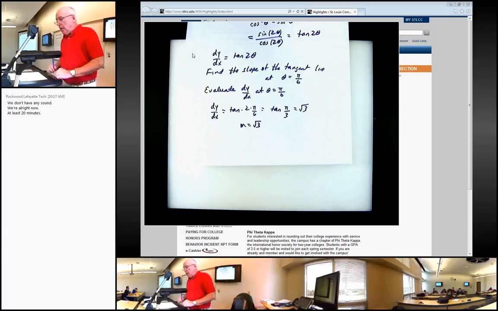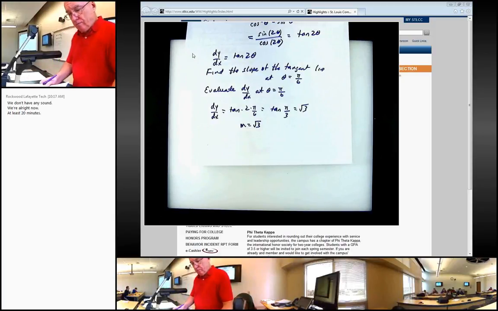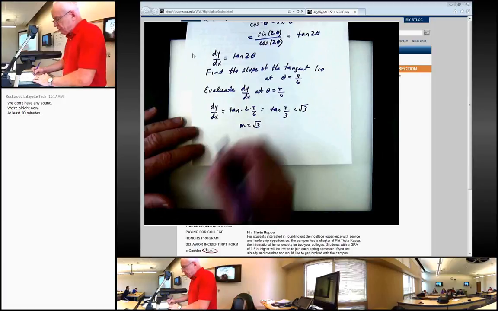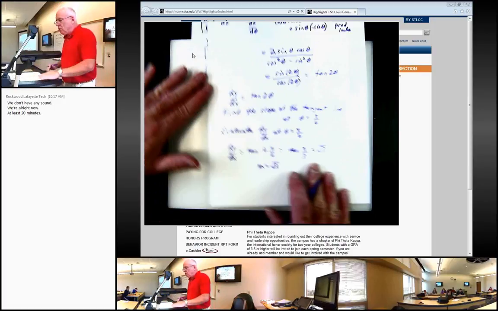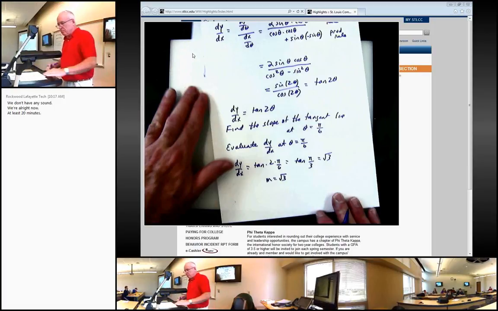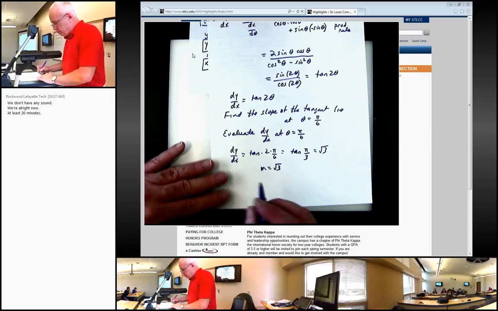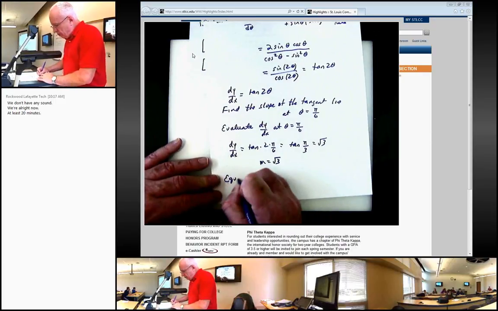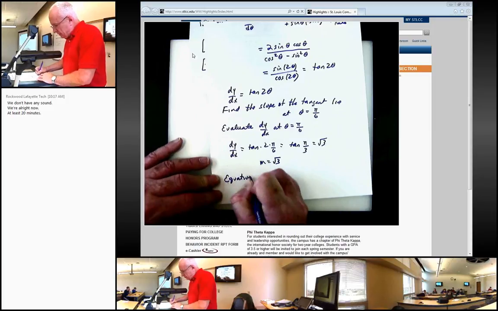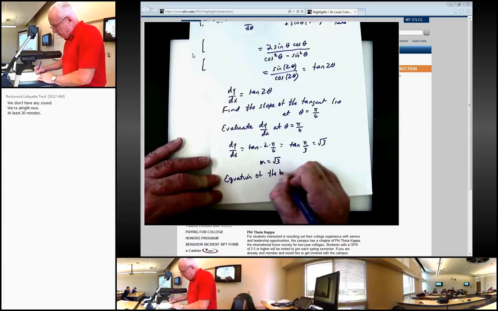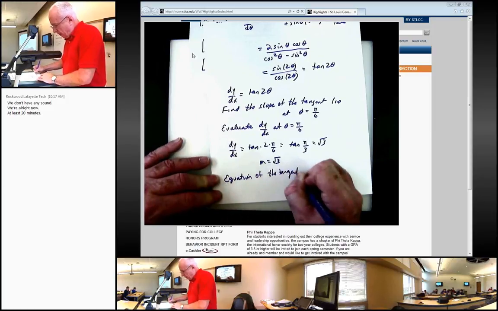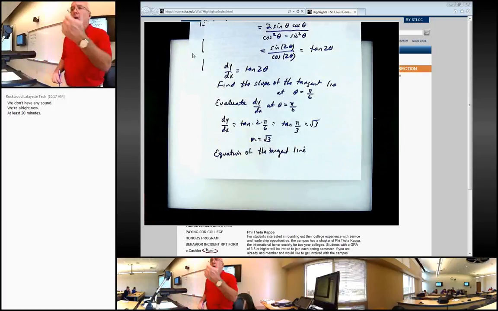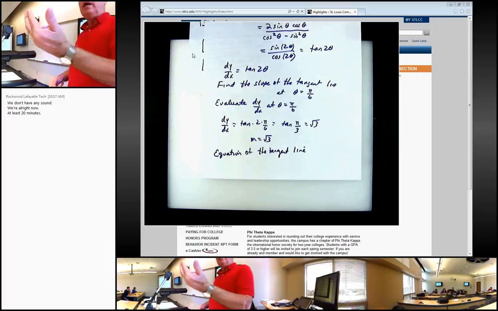All right. I guess we'll do this. If we wanted to know the equation of the tangent line, I've already got the slope, but what I need to find is the x point and the y point, all right?